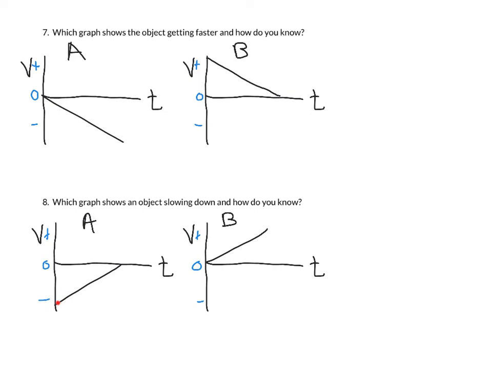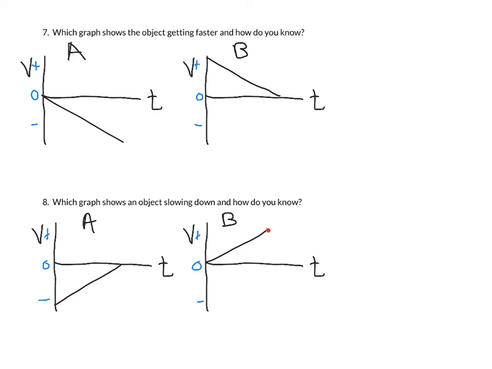So, in both cases, in A of number 8 and B of number 7, both cases, that's slowing down. That's going from very fast positive to stopping. This is going from very fast negative to stopping. Okay? That's slowing down. This one starts with none. You start with no velocity, and what happens to it?